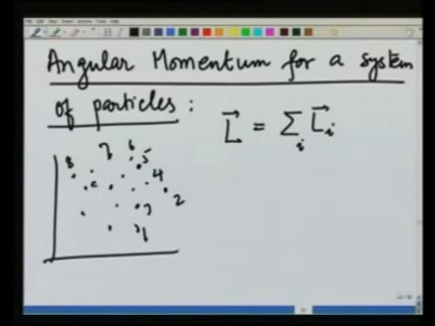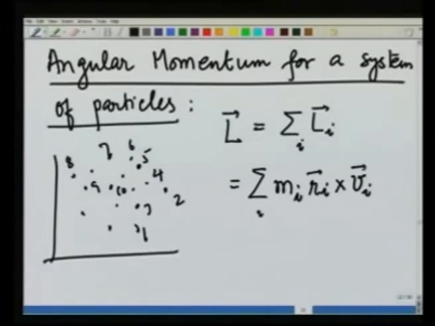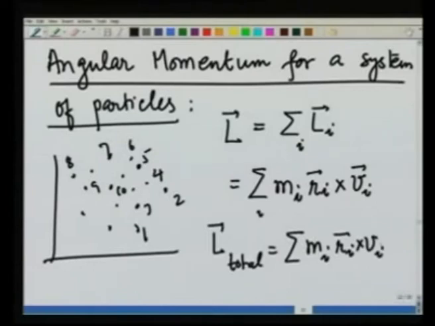So this is nothing but summation of m_i, that is mass of the ith particle, m1, m2, m3, m4, r_i cross v_i. That is it. L total is nothing but summation over m_i r_i cross v_i.